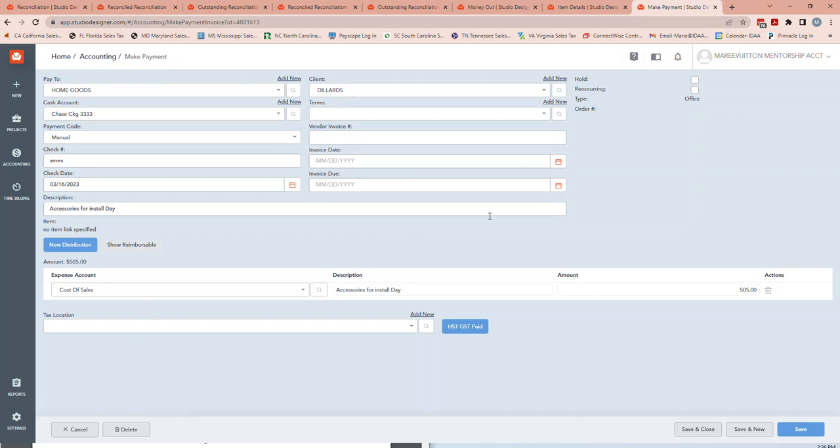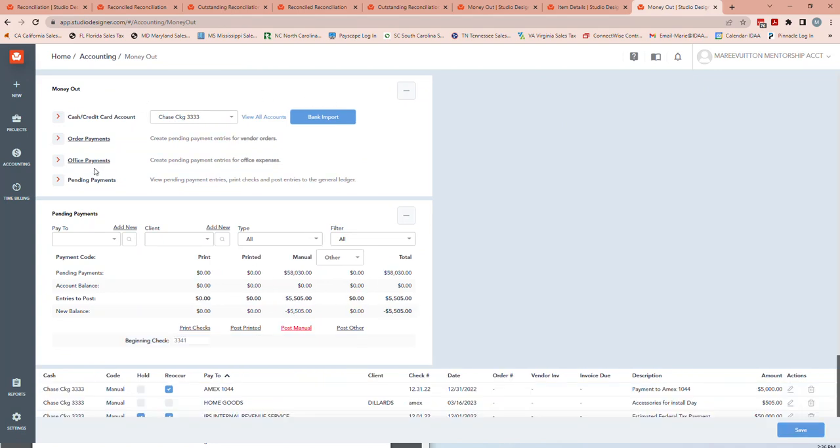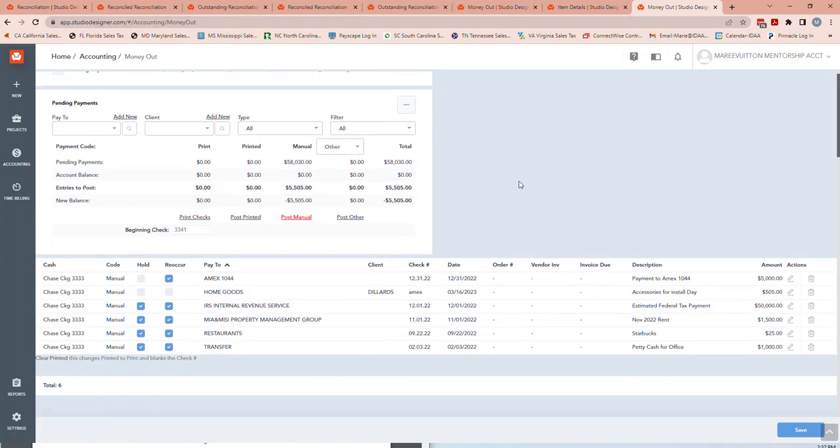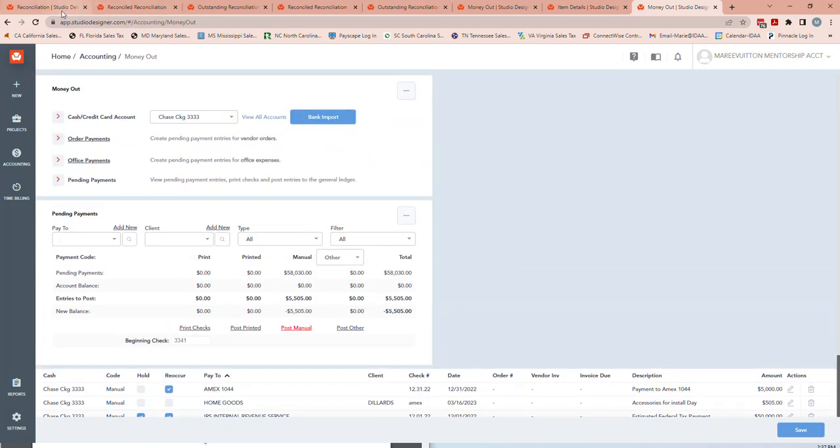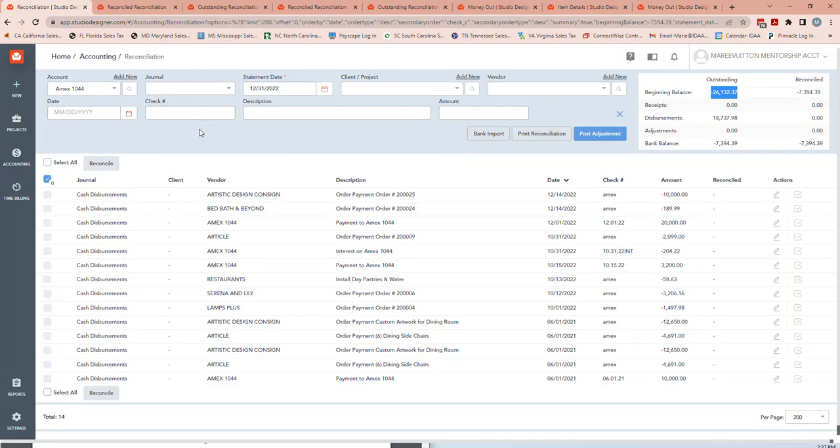So this is how you would get something entered, and basically that's it. You can import, you can enter manually, you can pay an order here, you can cut checks, you can pay an order from the order tab and just post it. There's a number of different ways, but it all leads to getting these transactions in here to now do these reconciliations, okay? And believe me when I tell you that they are necessary.